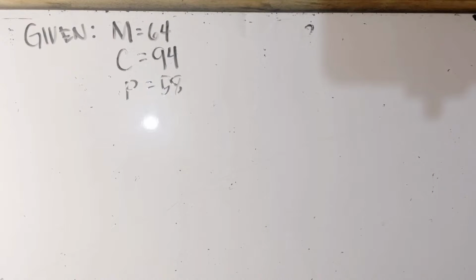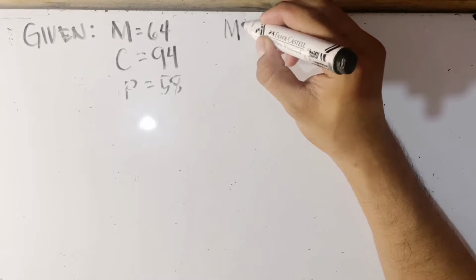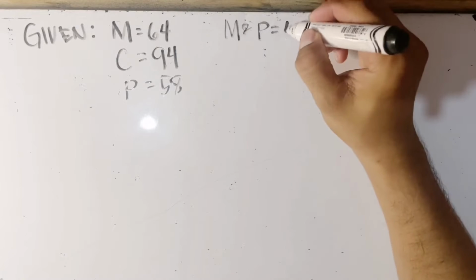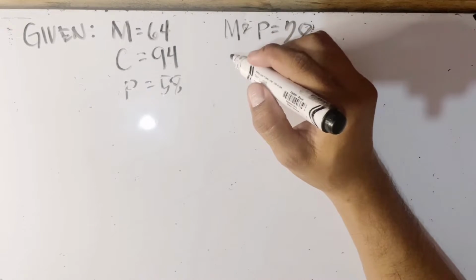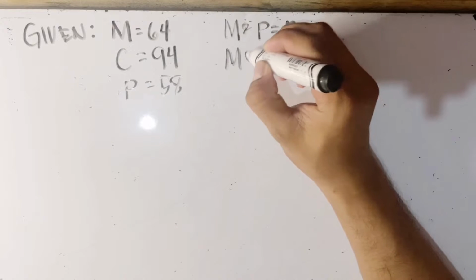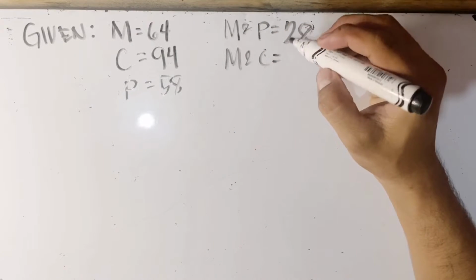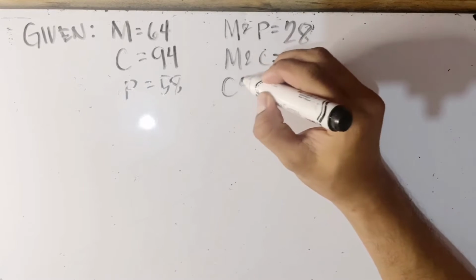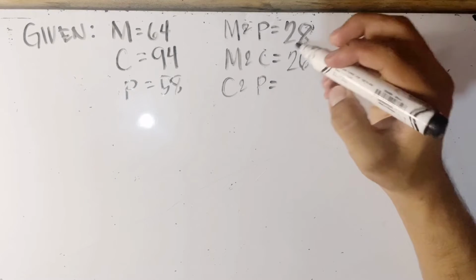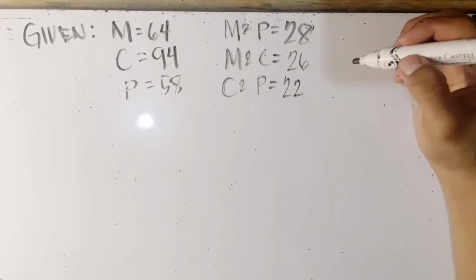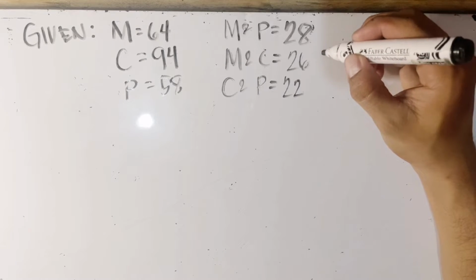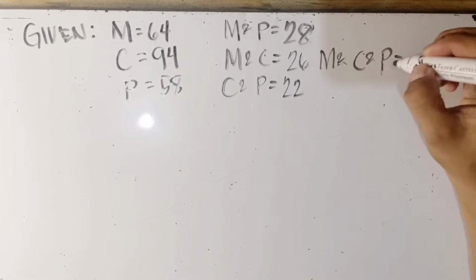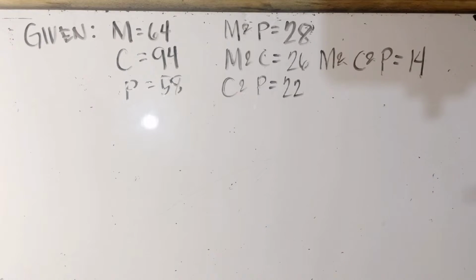For mathematics and physics, there are a total of 28. For mathematics and chemistry, there are 26. While for chemistry and physics, there are 22. And for all 3 courses, mathematics, chemistry, and physics, there are 14 students.